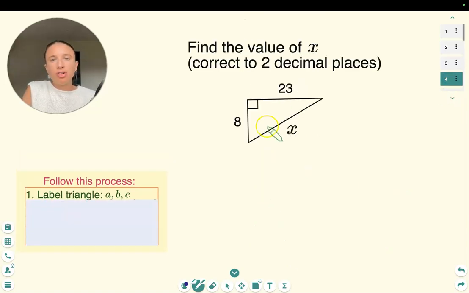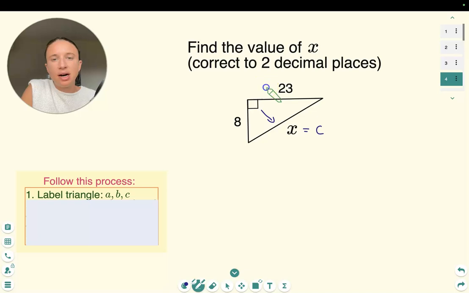Next one, find the value of x correct to 2 decimal places. So we've got this process to follow. We're going to label our triangle as step 1. What do you think the hypotenuse C is in this triangle? Have a look. The hypotenuse is opposite the right angle, so I always just label it first.